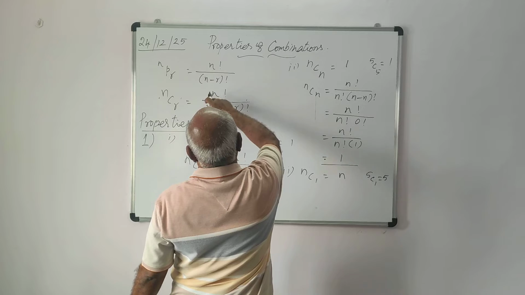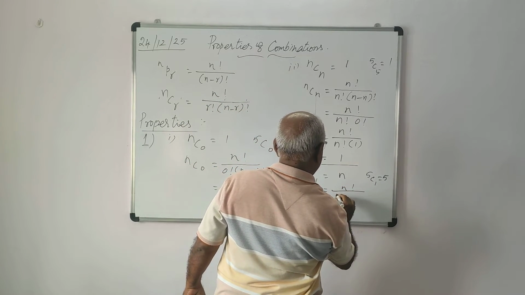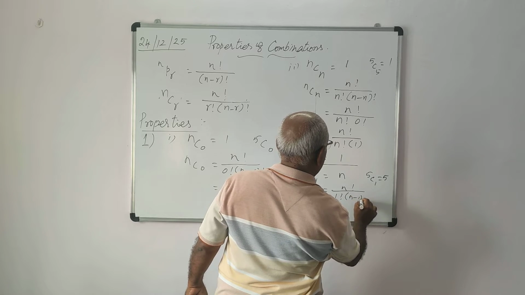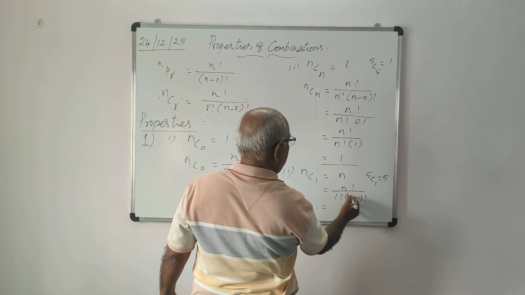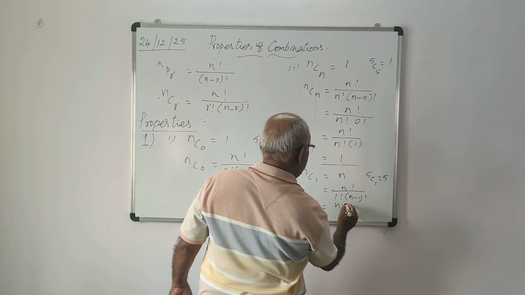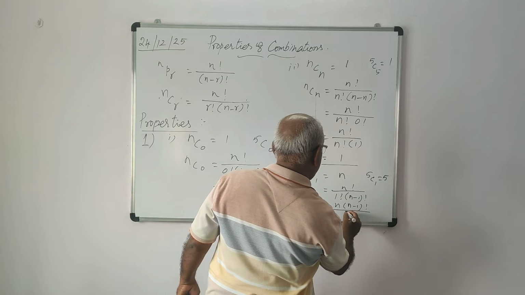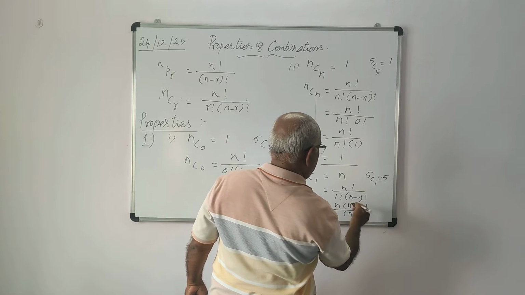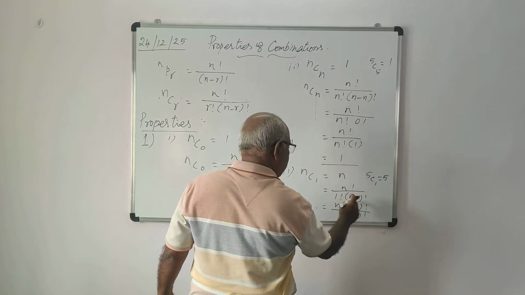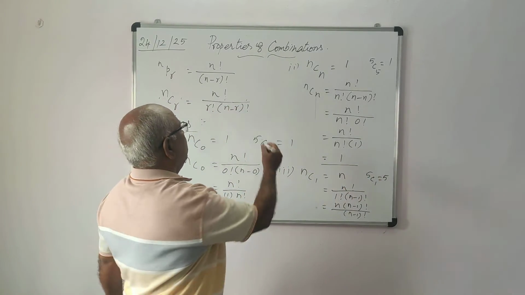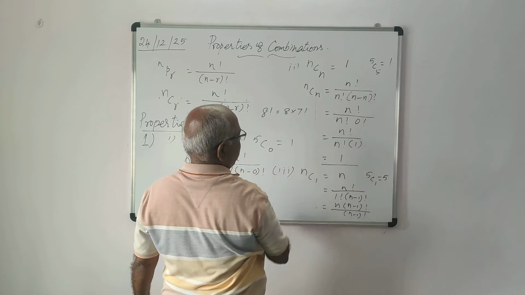This is also derived from the result. nC1 is n factorial by 1 factorial into n minus 1 factorial. See, n factorial can be expressed as n into n minus 1 factorial, by 1 factorial, which is 1, divided by n minus 1 factorial. 8 factorial is considered as 8 into 7 factorial, like that.